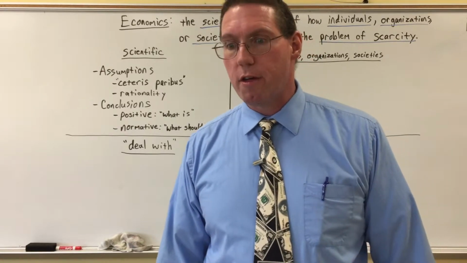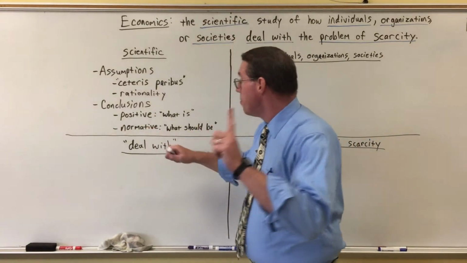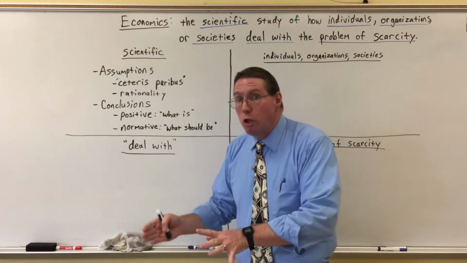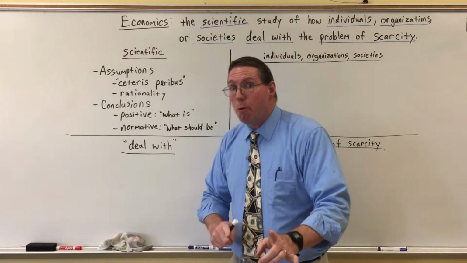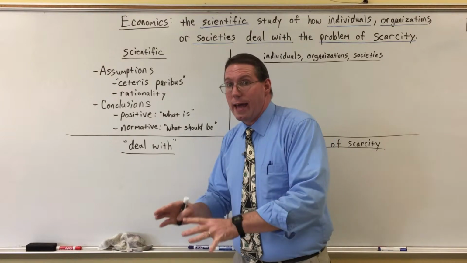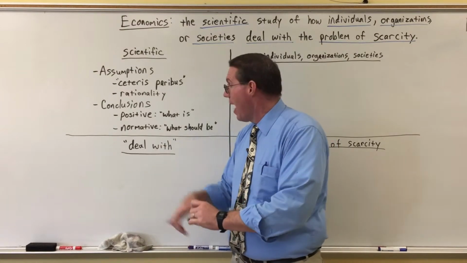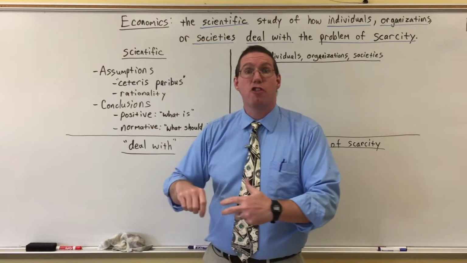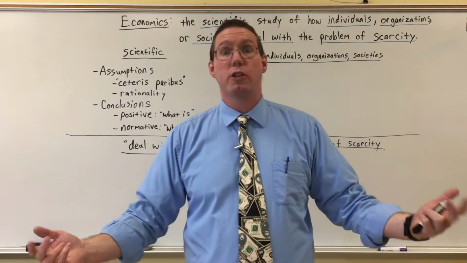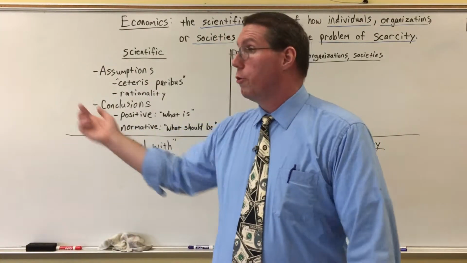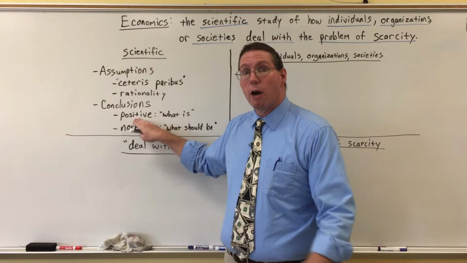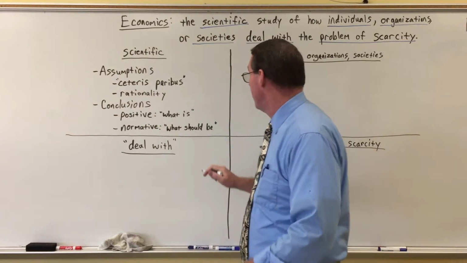And you may think to yourself, oh my goodness. Now the fact that we conclude that there are people who don't get medical help, that is a positive conclusion. That is just a truth. Nobody, generally speaking, people do not argue over positive conclusions.